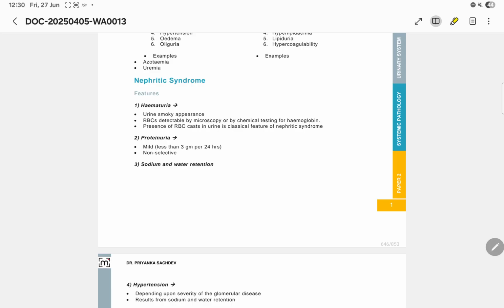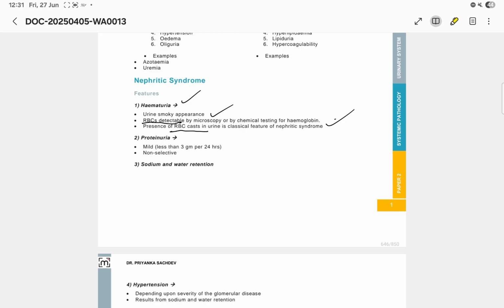Okay, this nephritic syndrome has classical symptoms such as hematuria. When there is hematuria, RBCs can be detected in the microscopy, and the presence of RBCs constitutes the clinical symptoms of nephritic syndrome. Then proteinuria. We have proteinuria in both nephritic as well as nephrotic syndrome.